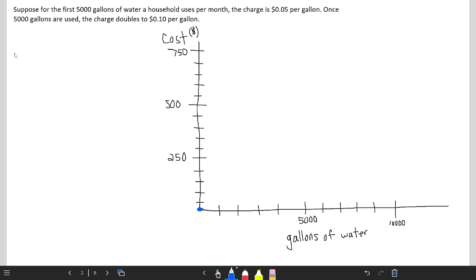If you use 1,000 gallons, that's less than the 5,000, so you're still at the 5 cents per gallon rate there. So if we take 1,000 gallons times 5 cents per gallon, that would tell us the cost for that, which is $50. So on our graph, we're going to have the point 1,000, $50.